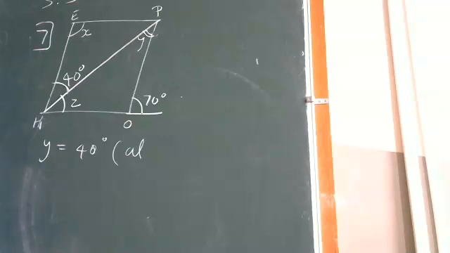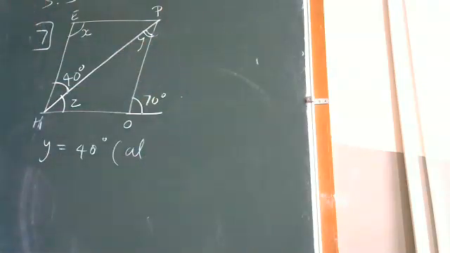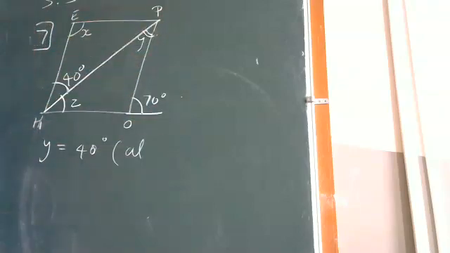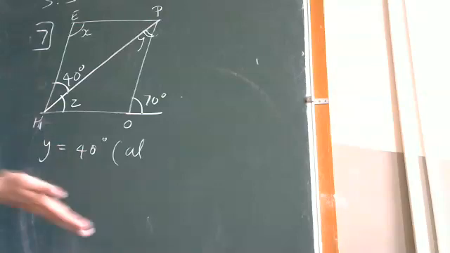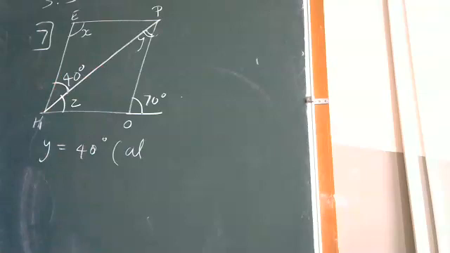I am writing in the half board only, Shruti. I have not taken the full board. So whatever I am writing is visible. Shruti, is it visible, this much what I have written? I have not written the full sum, I have just drawn the figure.